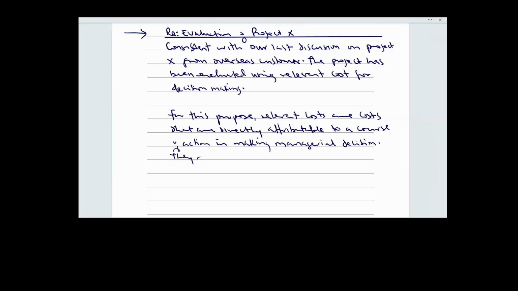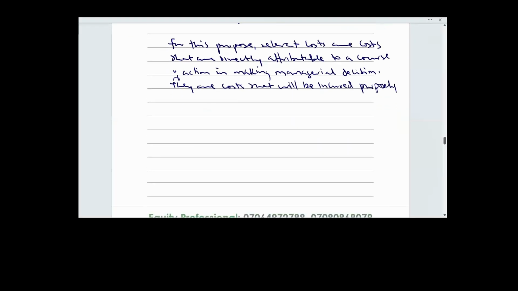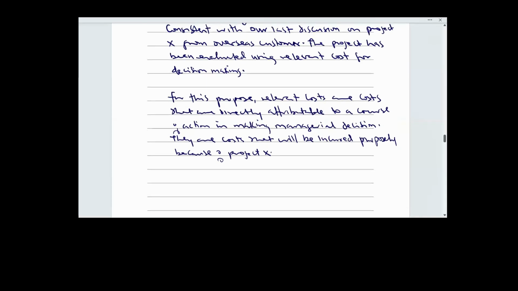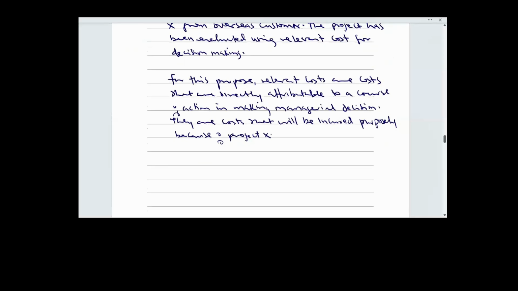They are costs that will be incurred purposely because of Project X. Okay? So my second paragraph of this report has explained what relevant cost is all about.